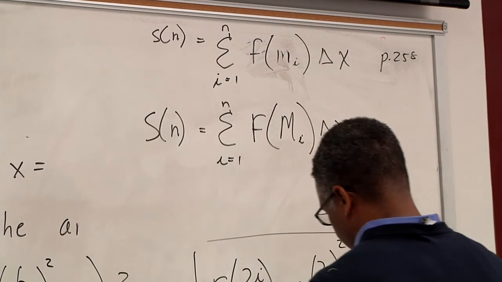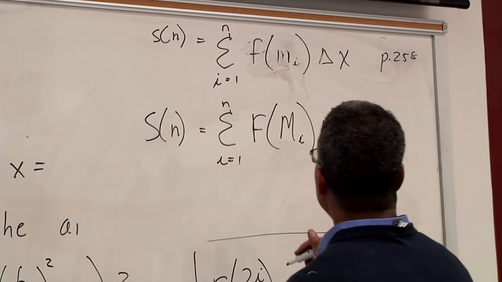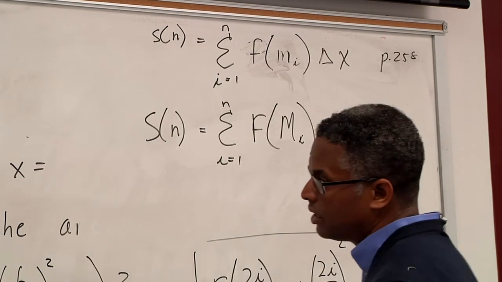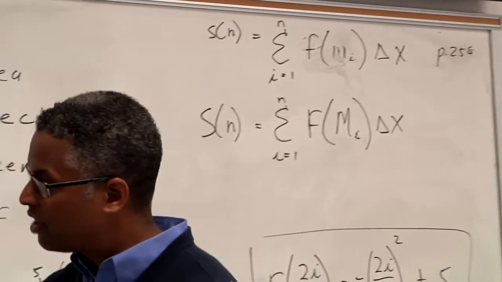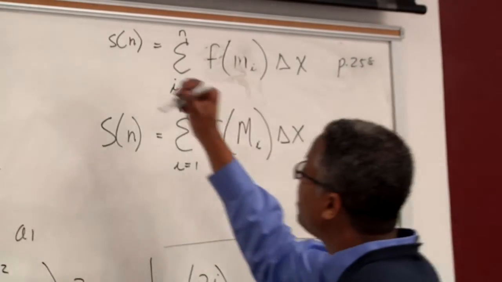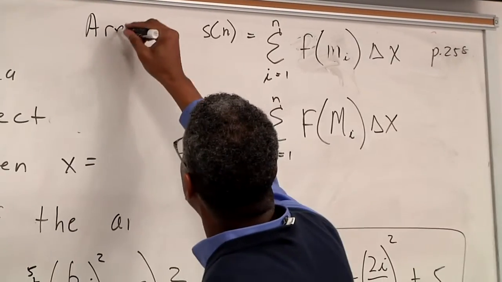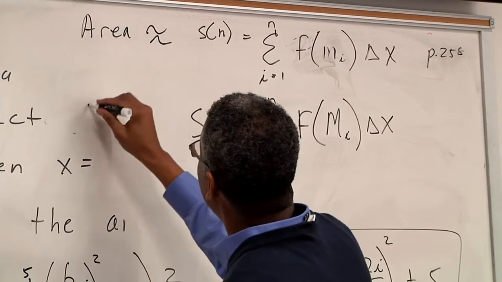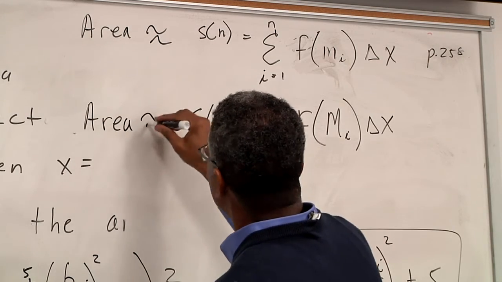Okay? And so this also gives you an area, but we'll talk about this in class, but essentially it's going to be a different set of rectangles, and I'll tell you what I mean by that in actual class time. But both of these formulas give you an approximation for the area. The area of what?